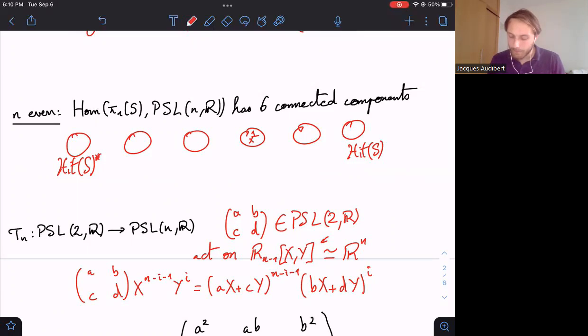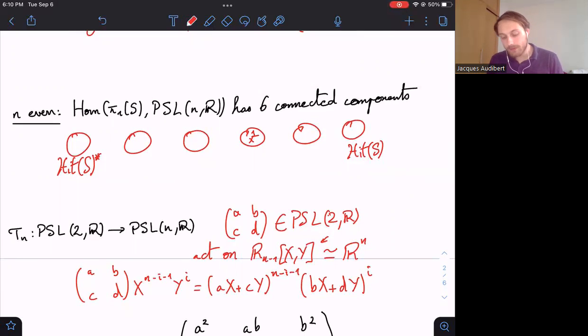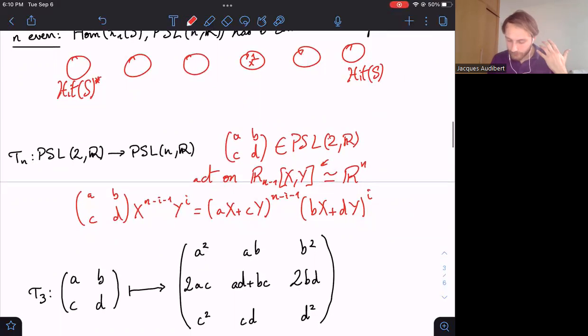We can check that it has determinant 1, and so it describes a morphism from PSL2R to PSLNR in a weird way, but it does. And actually, this is pretty computable. Here, I've written it for n equals 3.